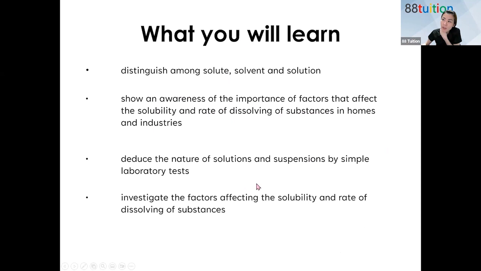Deduce the nature of solutions and suspension by simple lab tests. Then investigate factors affecting the solubility and the rate of dissolving of substances. So these are basically all about solute, solvent, solution, and then suspension.